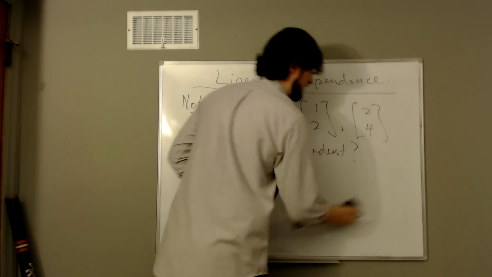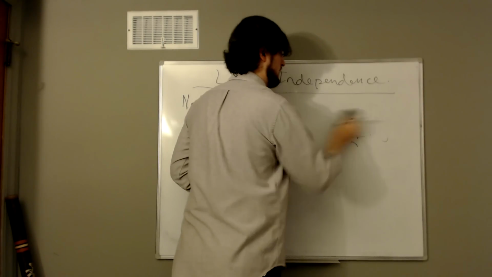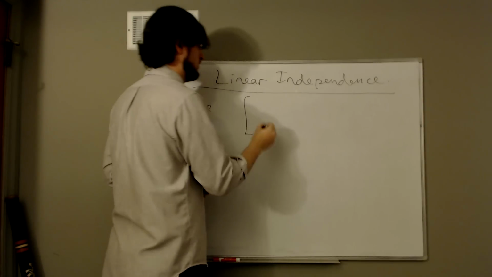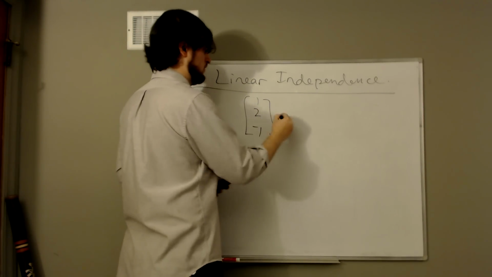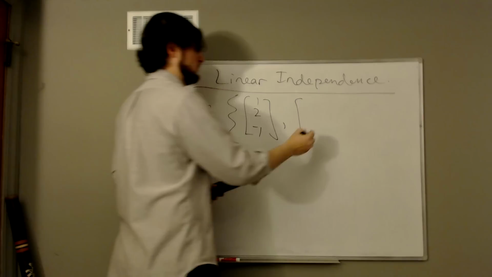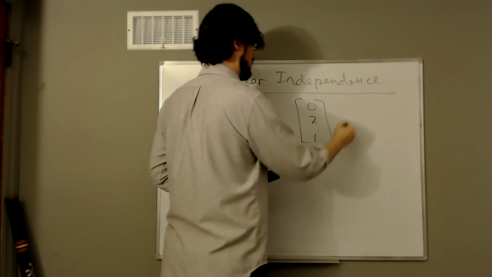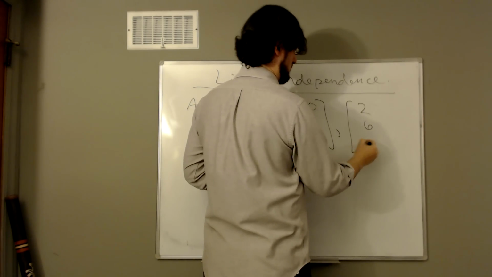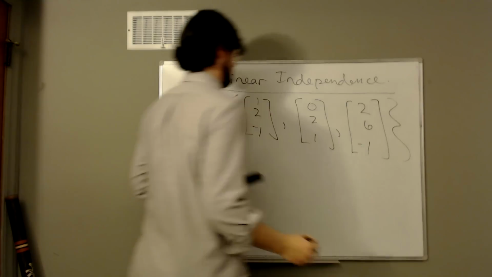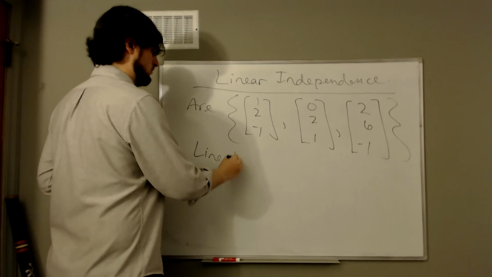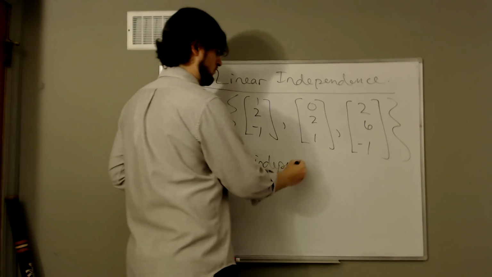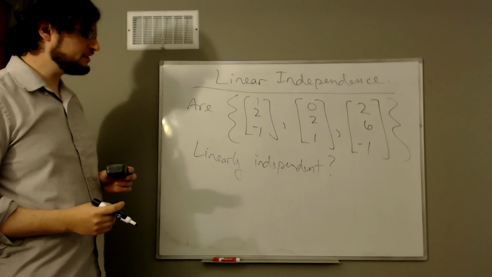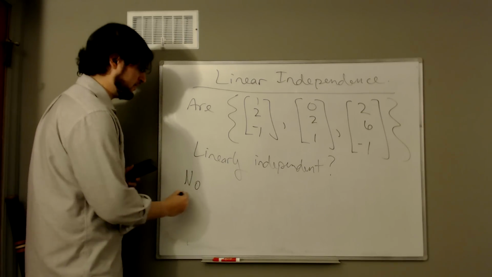Now it can be more complicated than that. I can have 3 vectors as well and still see the same thing. So how about these vectors? The answer to this is still no, because I forced it to be.